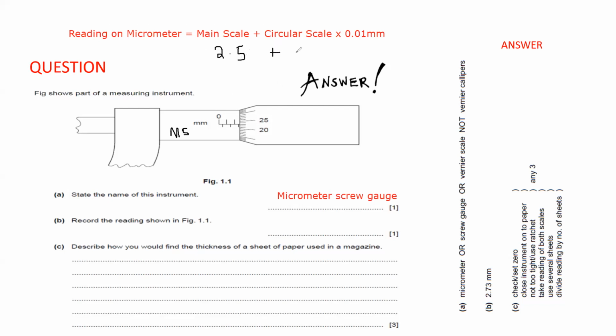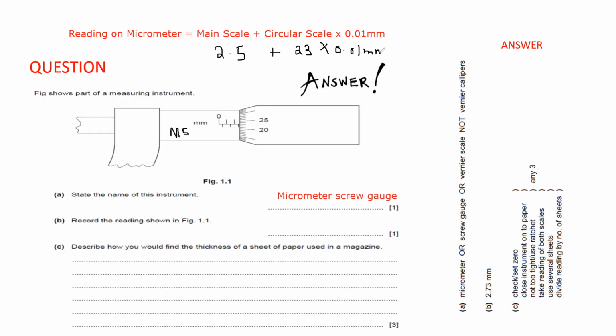Now what about the circular scale reading? Which line is coinciding with the circular scale? This is 20, 21, 22 and 23. For the circular scale, it is a whole number, the number of the line. It's not in points, it's directly in number. So it will be 23, multiplied by 0.01. First, always do multiplication.